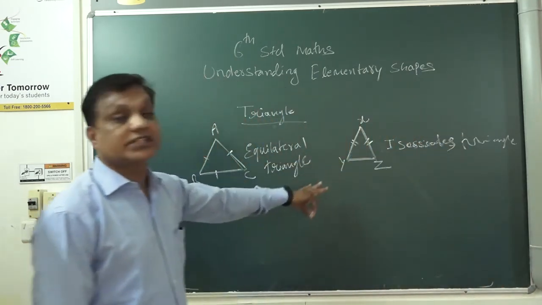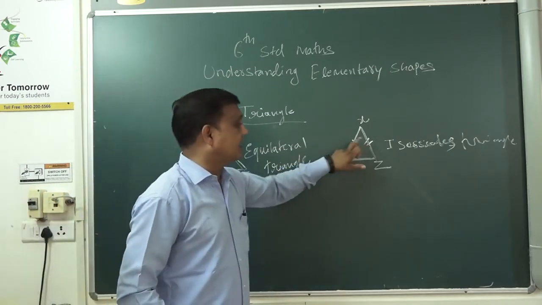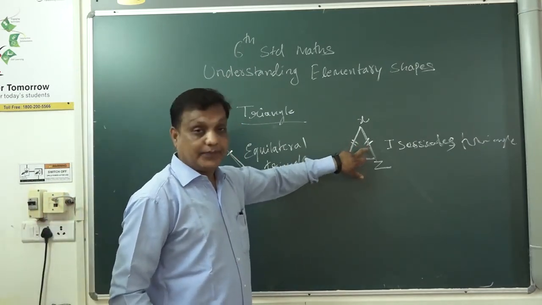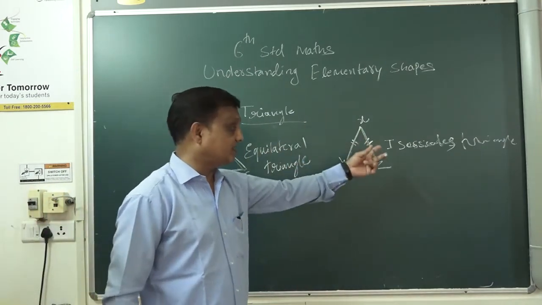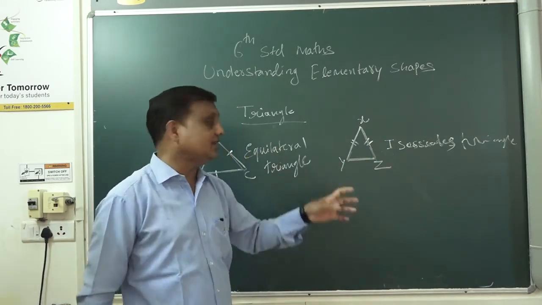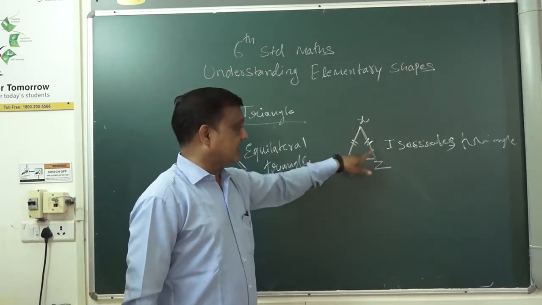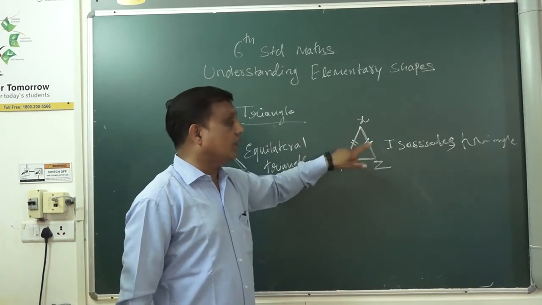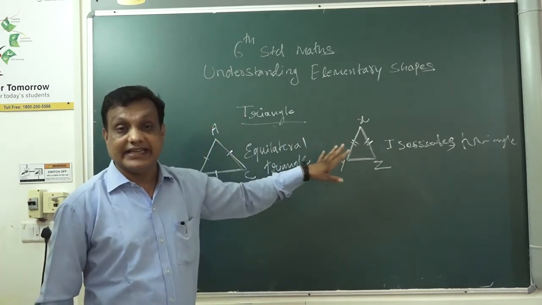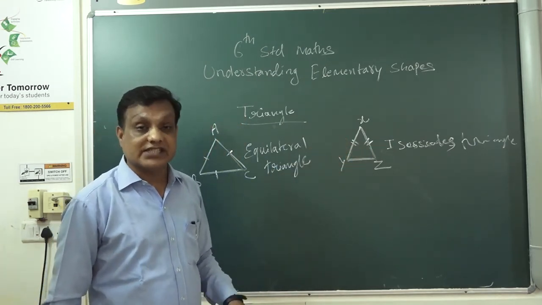This is an isosceles triangle. When two sides are equal, before I said that is a scalene triangle, it's not a scalene triangle. When two sides of a triangle are equal, that triangle is an isosceles triangle.